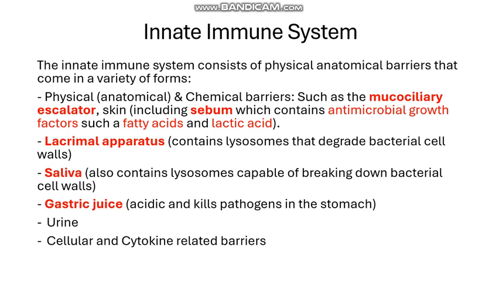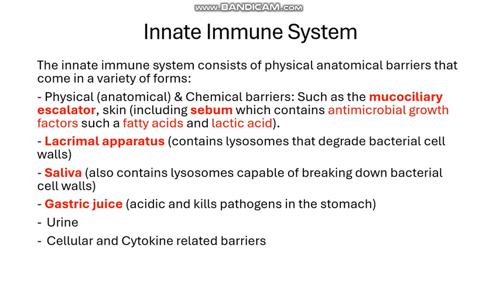We also have the lacrimal apparatus containing lysosomes that degrade bacterial cell walls. We have the saliva, which contains lysosomes capable of breaking down bacterial cell walls again. Our gastric juice in our stomach is very acidic, so it can kill pathogens as well as digest our food.